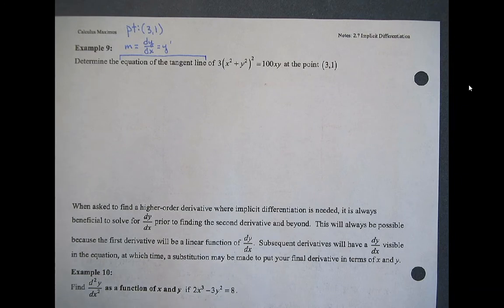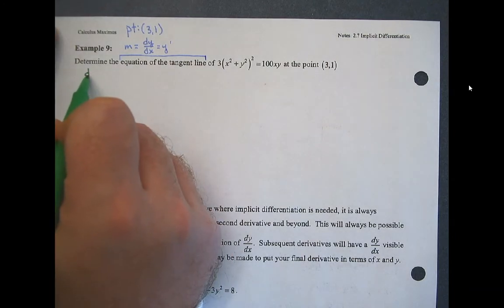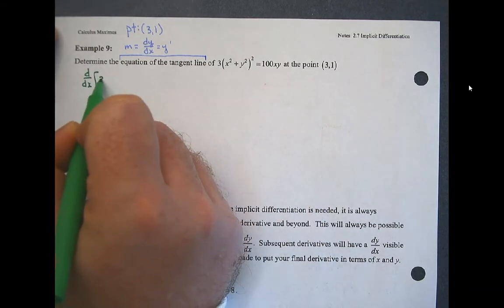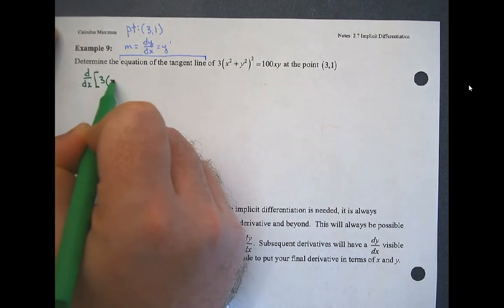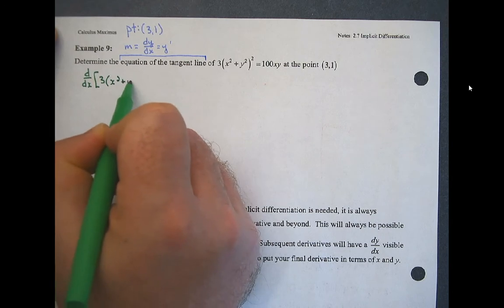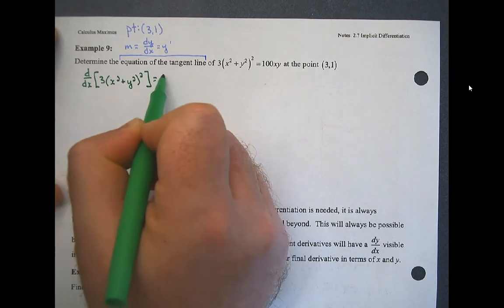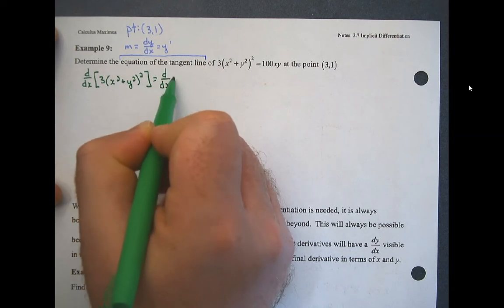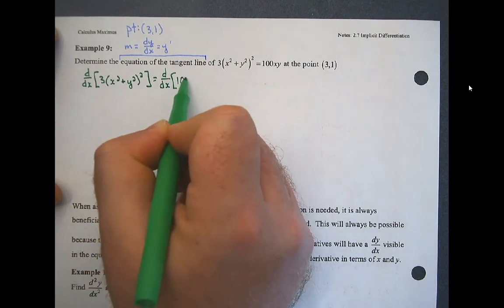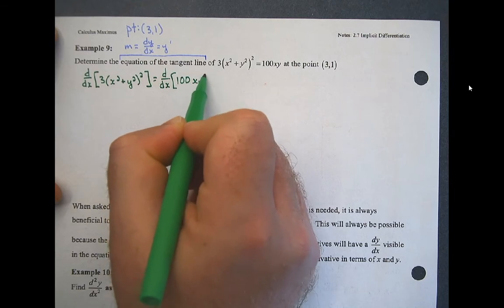So I'm going to take d dx of 3 times the quantity x squared plus y squared is equal to d dx of 100xy.